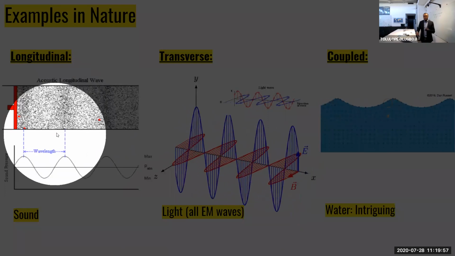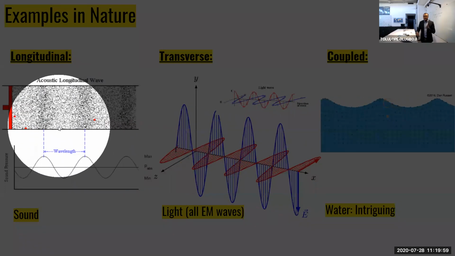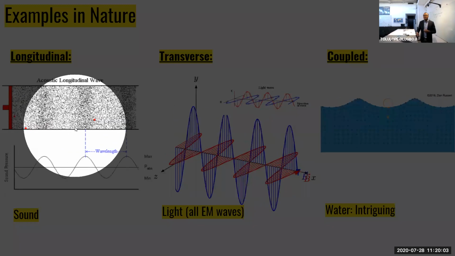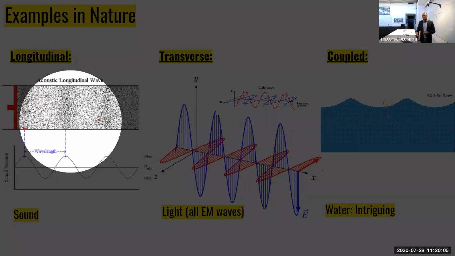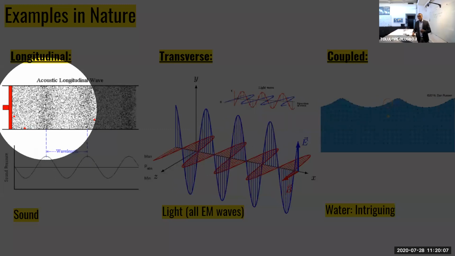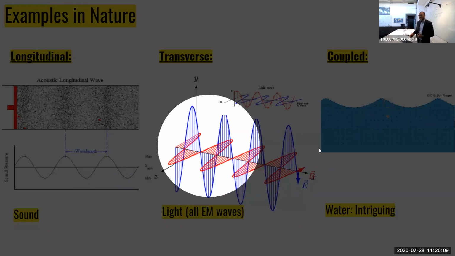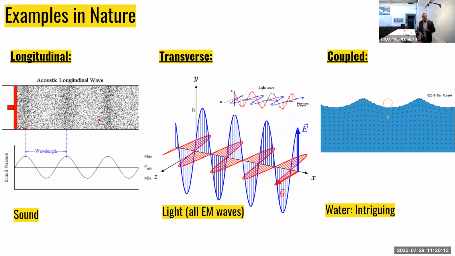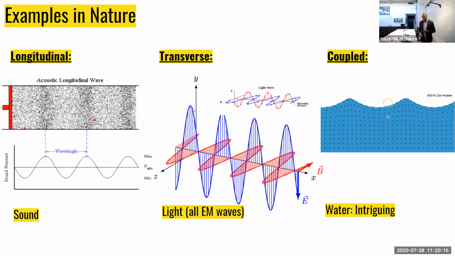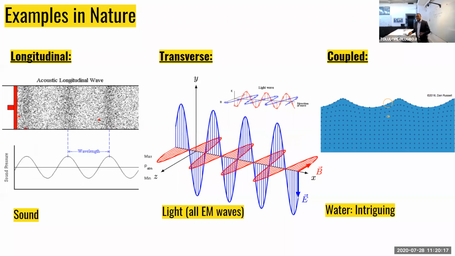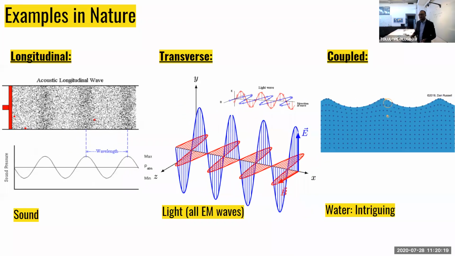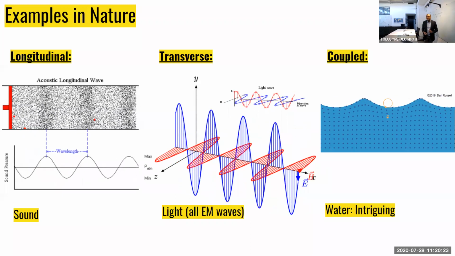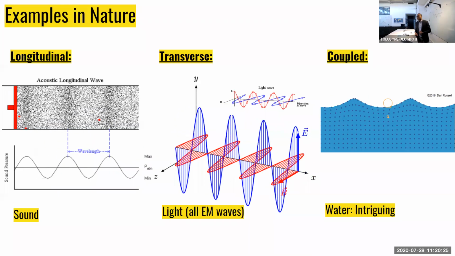The pressure motion, gas molecules, move in the same direction as the sound wave. So particle motion is parallel to wave direction. Light is an example of a transverse wave. Whatever it is that's vibrating, the electric field and the magnetic field, is perpendicular to the wave direction.